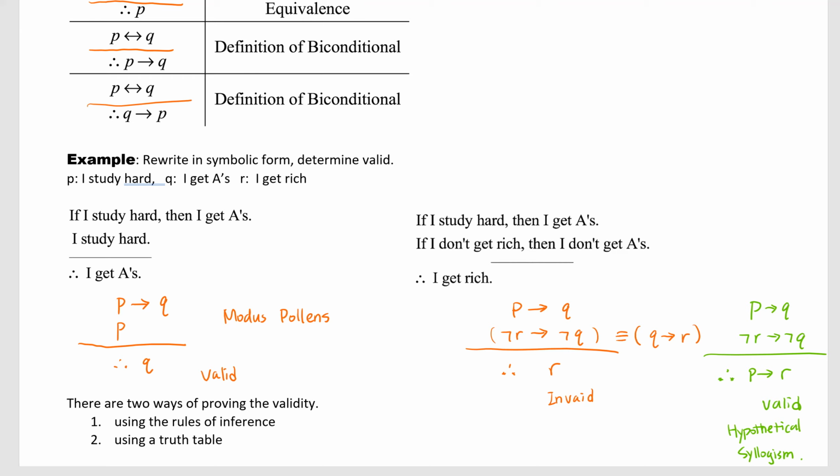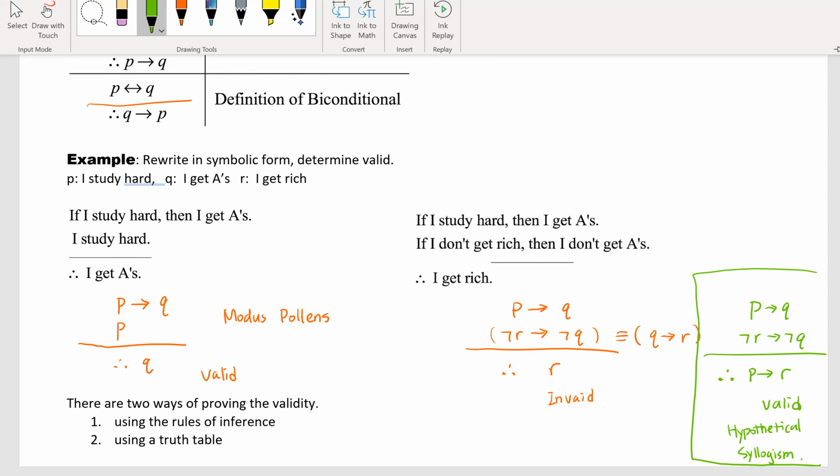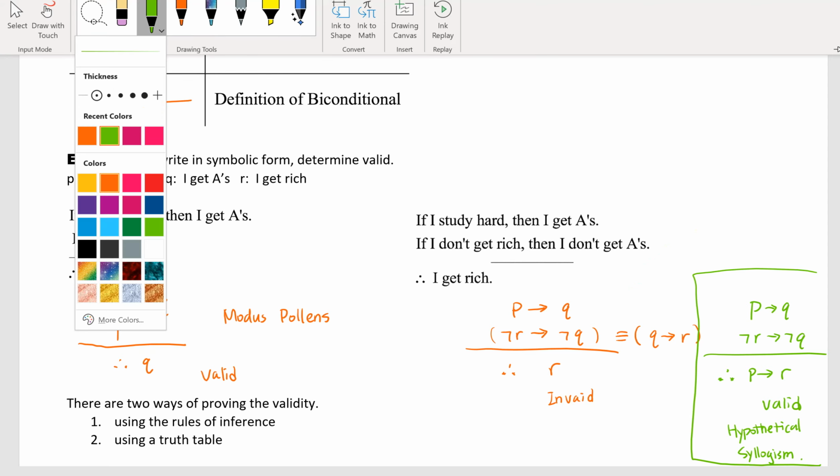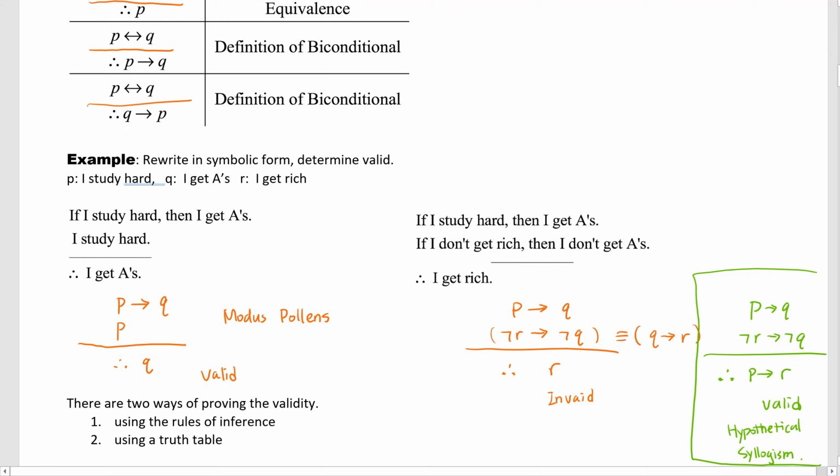All right. Next. I also want to put down how to make this one valid. This is one example, and let me use another color to indicate. How about purple?